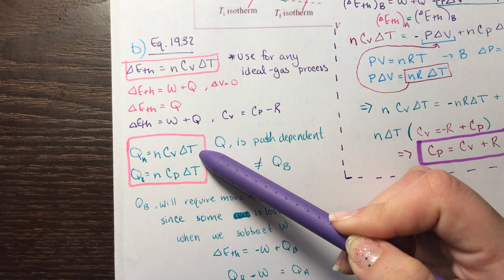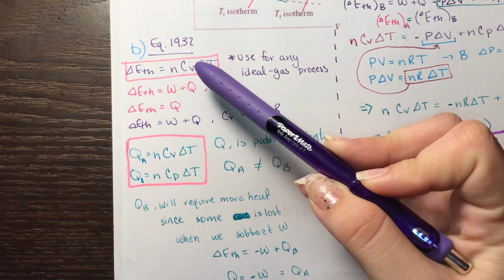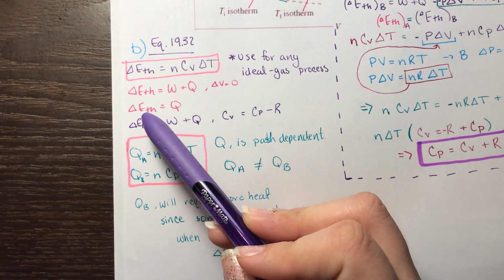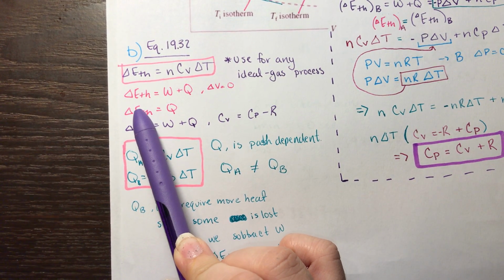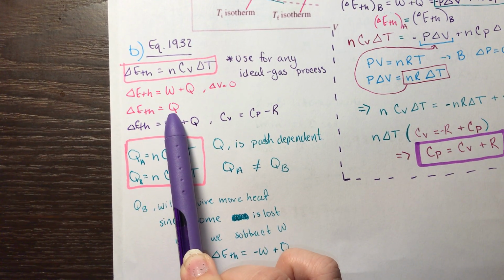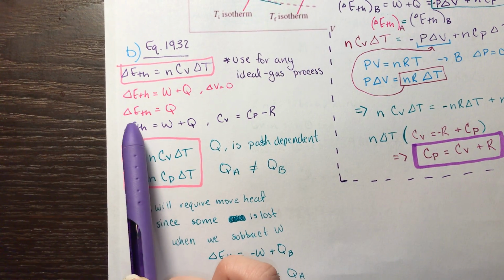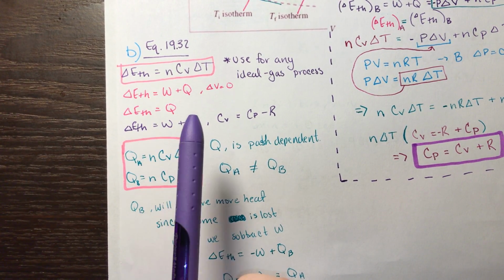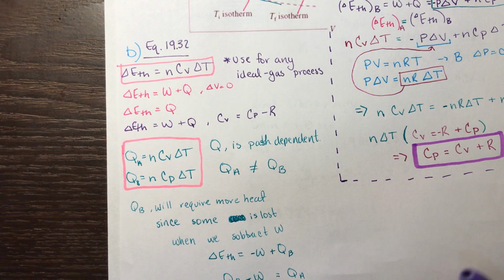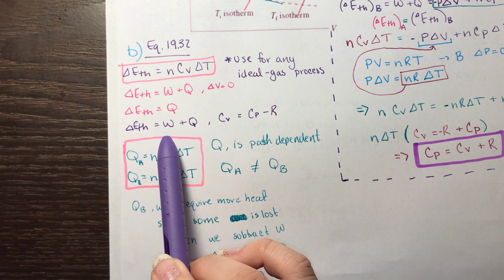And the reason they don't contradict each other is because we want to ask ourselves, what is it that we are calculating? If all we want to calculate is the thermal energy, it doesn't matter which one we choose, because the thermal energy for path A is essentially just equal to Q, and for path B it's W plus Q. But since delta E is not dependent on the path, we can simply just use this one and save the extra step of adding the work to it as well.